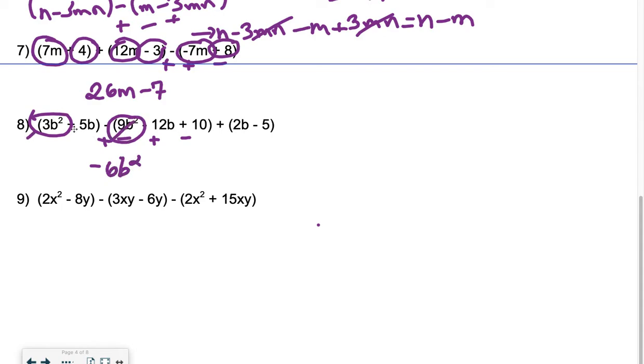No other b squareds. This is 5b plus 12b, which is 17b, plus another 2b is 19b. And then 10, but it's now negative 10, minus 5 is negative 15.